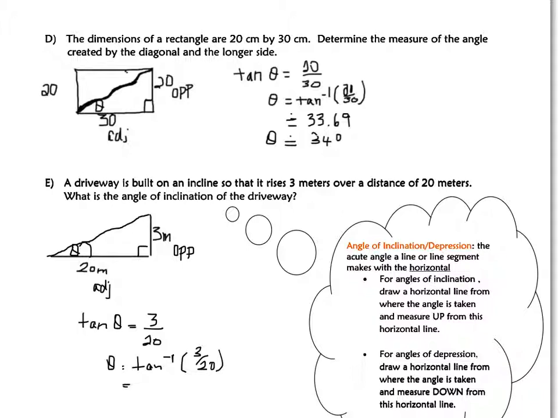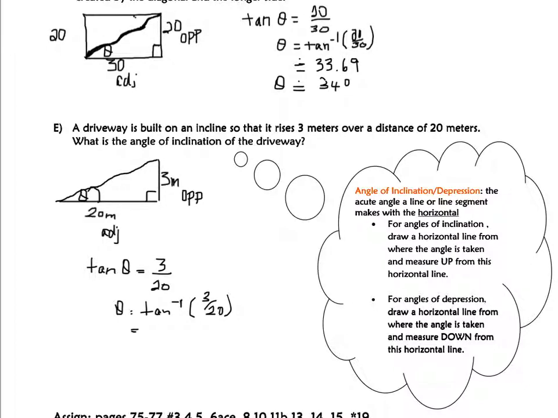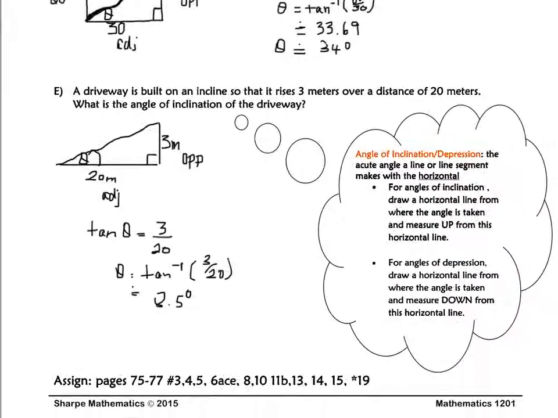So you've got to have that fraction in brackets there. So that will give you 8.5 degrees approximately. And that sounds reasonable for an angle of inclination of a driveway.